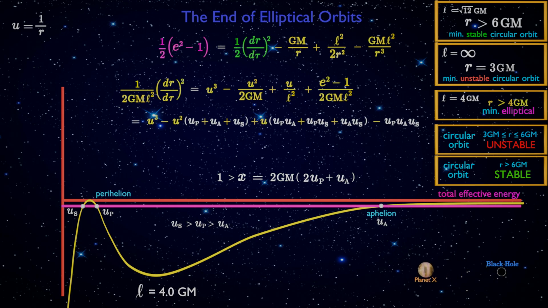We will now equate the u squared terms. We solve for uP plus uA and substitute this into our expression for x.